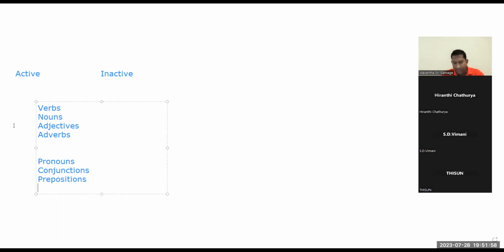Those do not have meaning, but they have certain emotional value, right? So for that, we use interjections. Some examples for interjections: oh, like that. They don't have meaning, but they convey certain emotion to the sentences, right? Okay, so we don't want to study interjections. Other things are very important when we deal with this language.